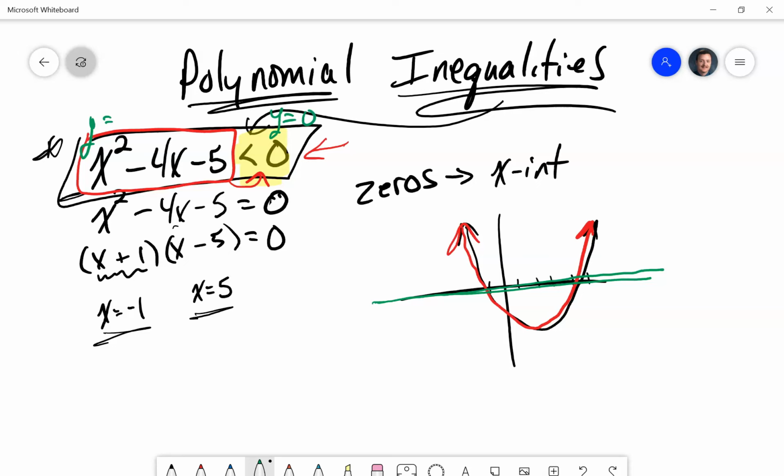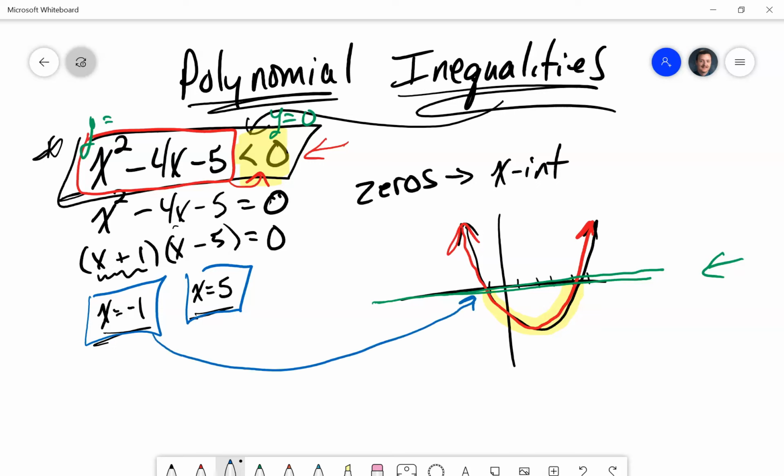So whenever I say where is the red part, the x squared minus 4x minus 5, less than 0, then graphically I'm asking where is the red part below the x-axis? You can actually see that here. It's below the x-axis from here to here. And that should make sense because when we find these x-intercepts, these are locations where the graph crosses the x-axis. So there's that one, and here's this one.